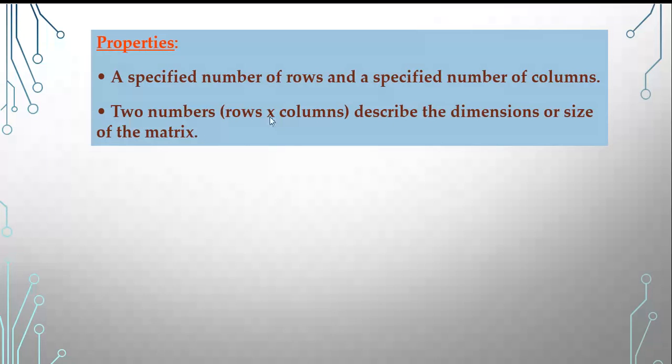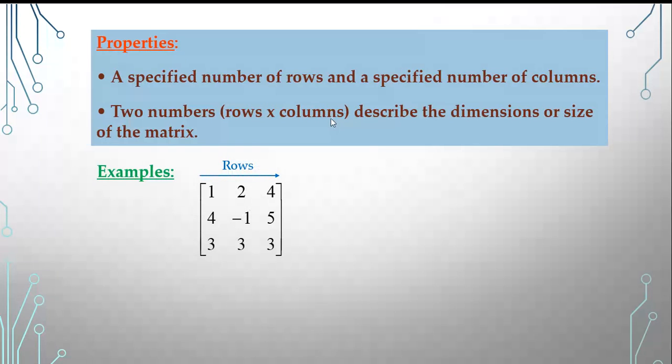Total rows in the brackets and total columns in the brackets. So rows cross columns describes the size of the matrix. Like here, if we have this matrix, these are our rows, and these are our columns. Always in a matrix these are the rows and these we count as the columns.